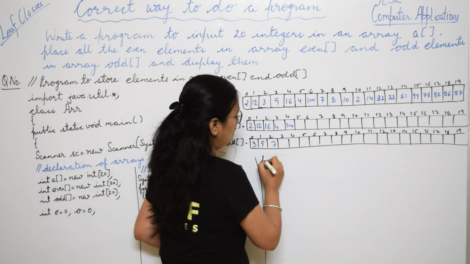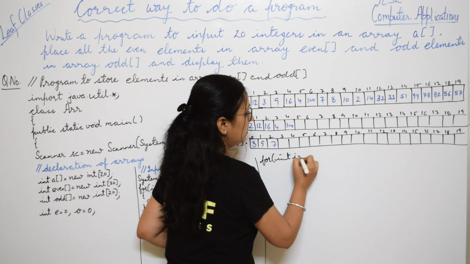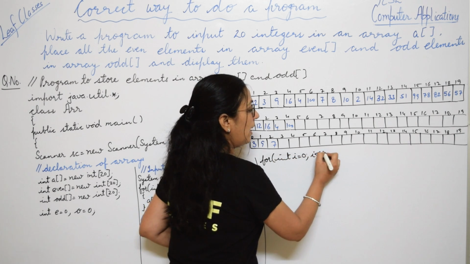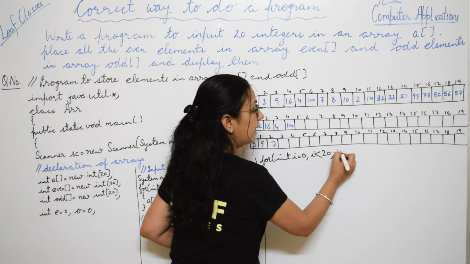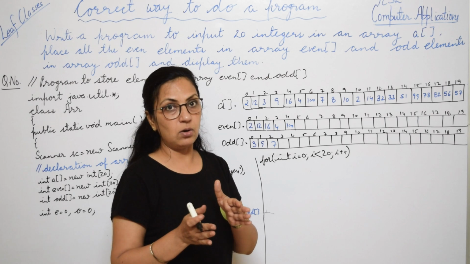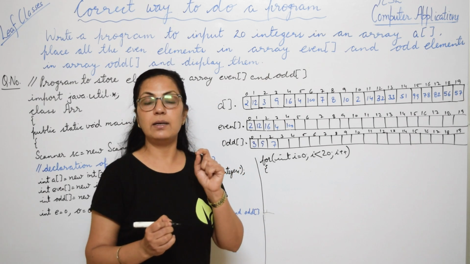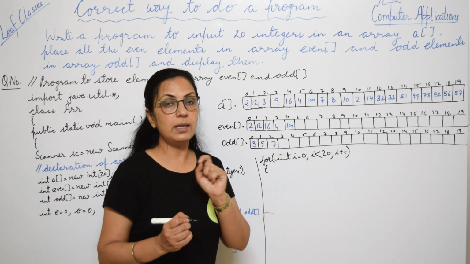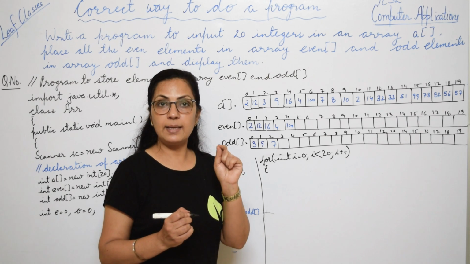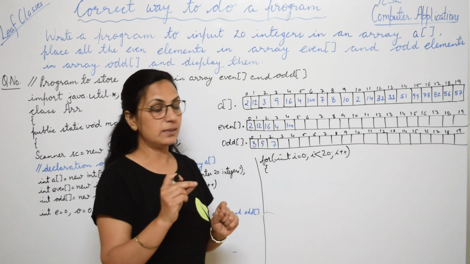Now children, we will do how to place the elements in array even and array odd. So we have a total of 20 elements that we have to place in array even and array odd, right? Now first element is stored in A0, then A1, A2. So where is the array element stored? In a[i], in variable A, and i is the subscript.